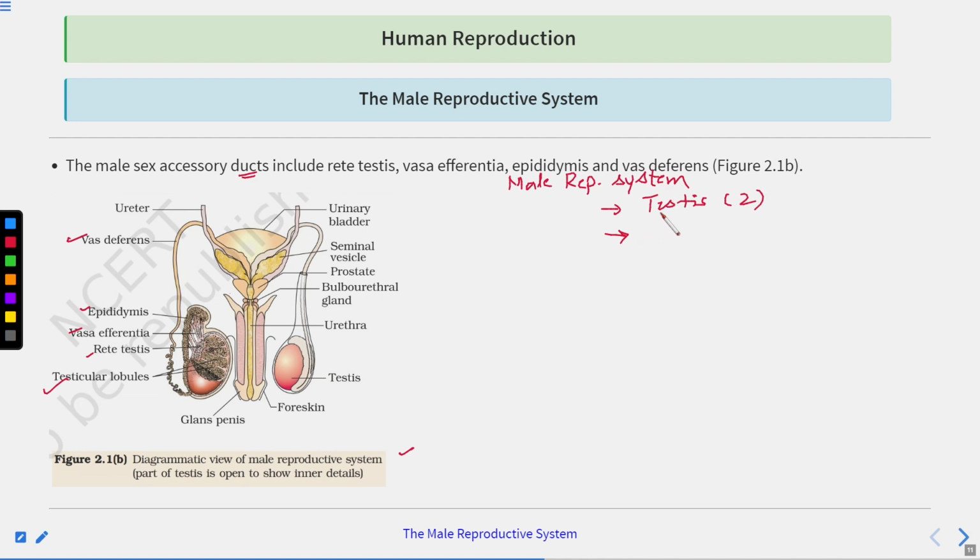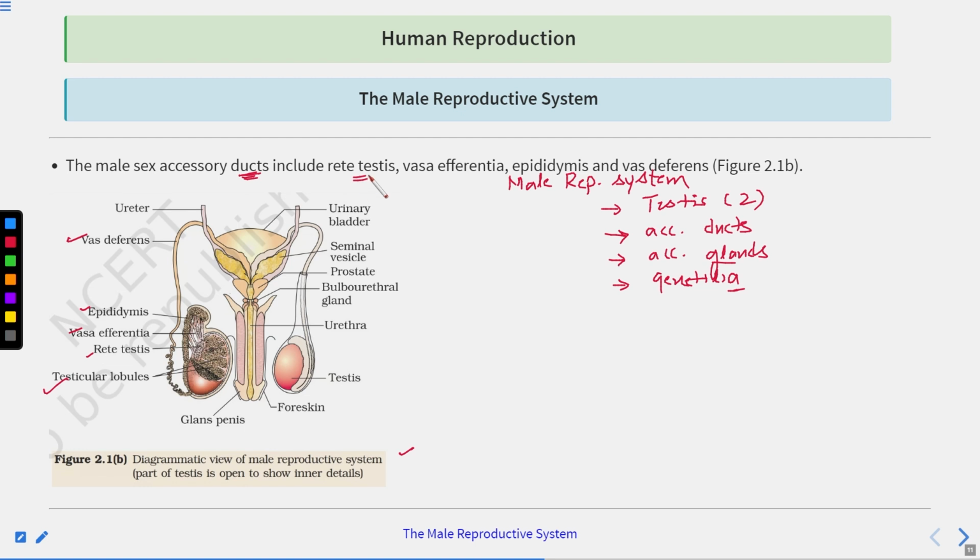Then after testes, accessory ducts were also present, and then accessory glands were present, and what else was present? Okay, the external genitalia. Clear? So we are talking about the accessory ducts now.